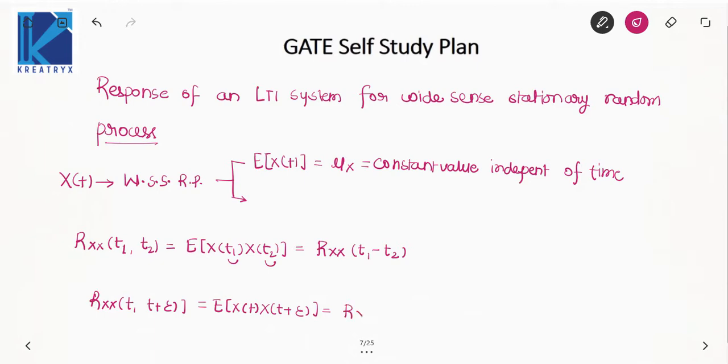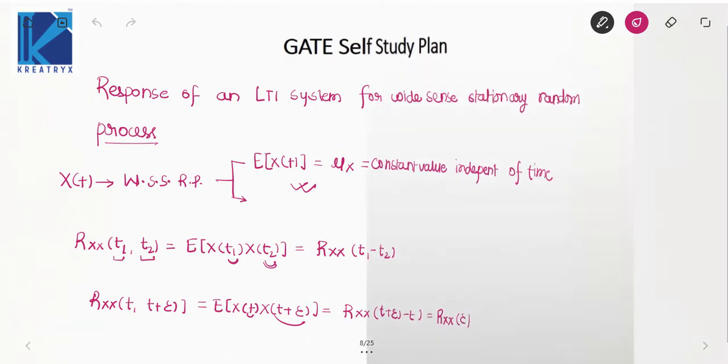Then the autocorrelation function should not depend on t1 or t2, or here I can say that it should not depend on t and t plus tau, rather it should depend on the difference, t plus tau minus t, which is equal to R_xx(tau). So if any random process satisfies these two conditions, that the mean is constant and the autocorrelation function depends on the difference of time instances, then that random process is called a wide sense stationary random process.